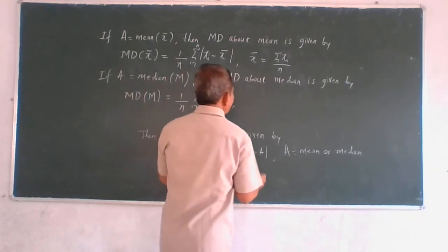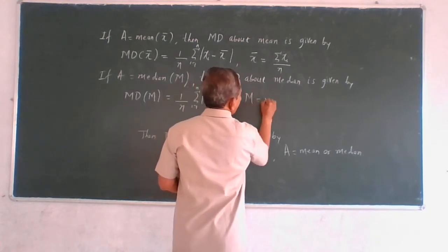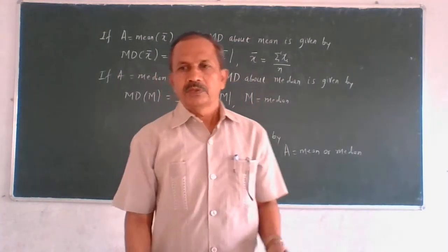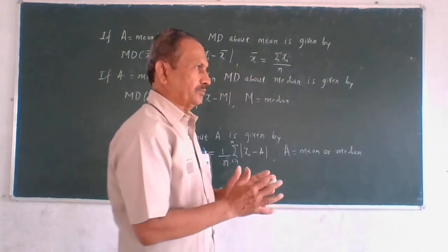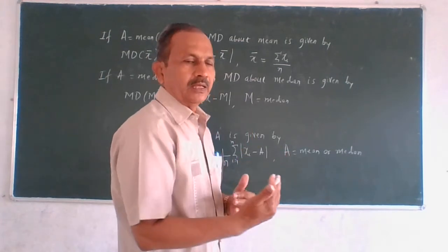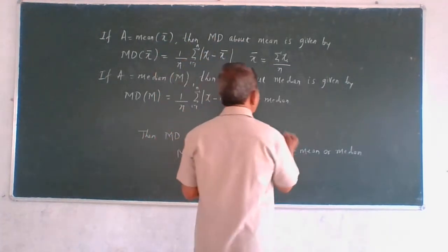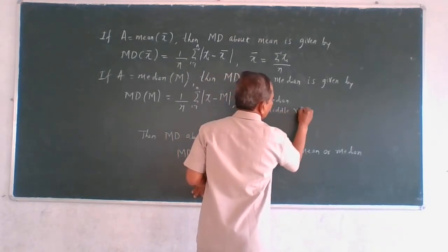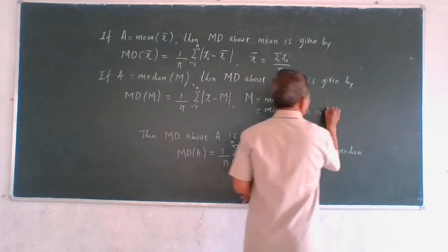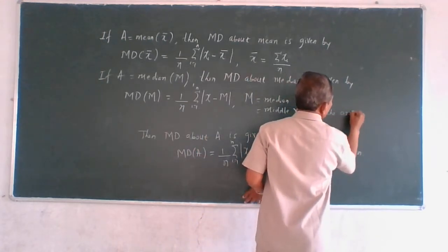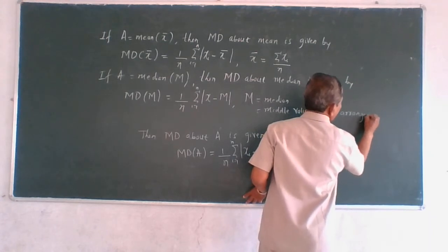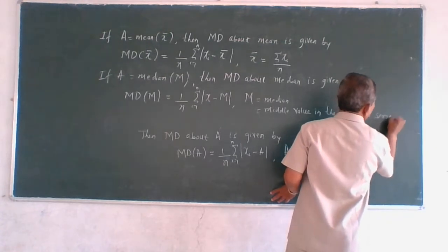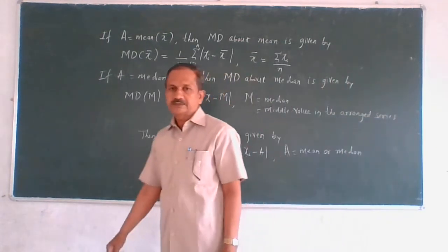Then what is M? How to calculate M? M is the median. Median is the middle value when the observations are arranged in ascending or descending order of magnitude. So it is the middle value in the arranged series or arranged observations.